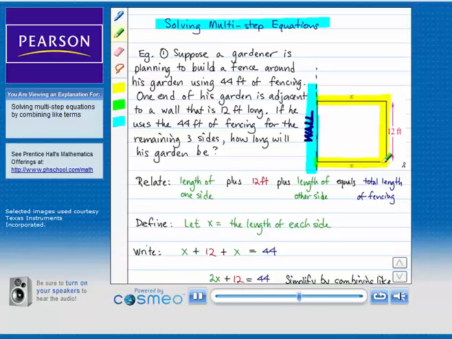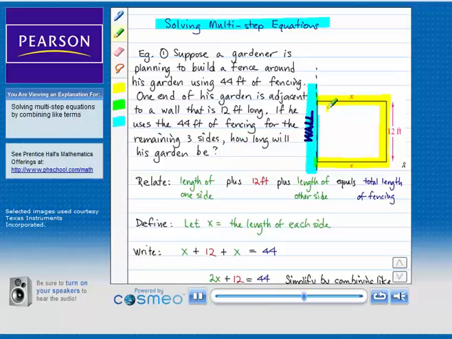Notice that he only needs 3 sides of his rectangle to enclose his garden. If he uses the 44 feet of fencing for the remaining 3 sides, how long will his garden be?